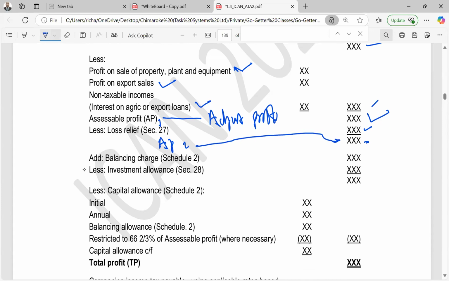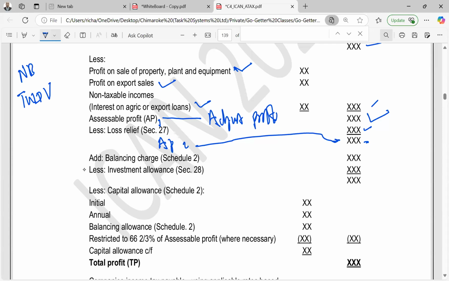Balancing charge is when you have an asset and you sold the asset. Let's say the asset is supposed to be depreciating. Before you sell the asset, there's something they call tax written down value, and there's what they call net book value.